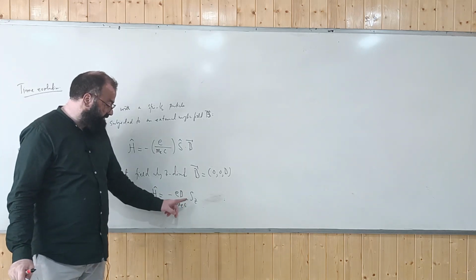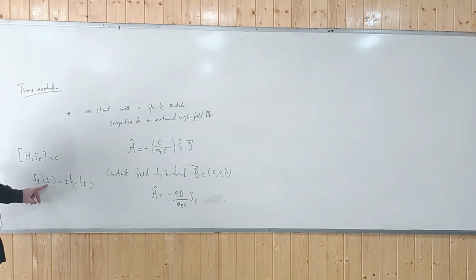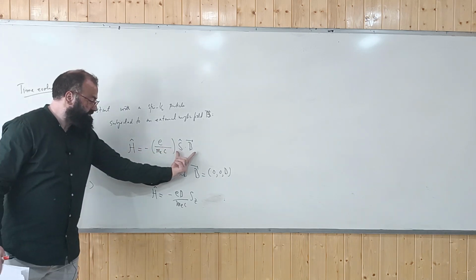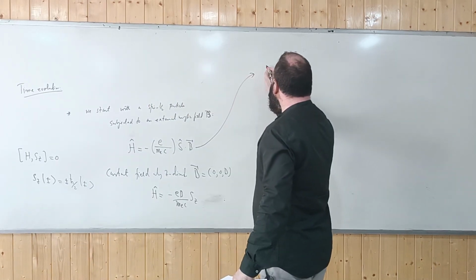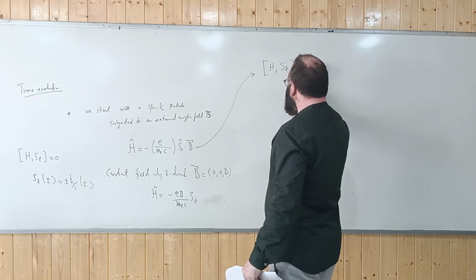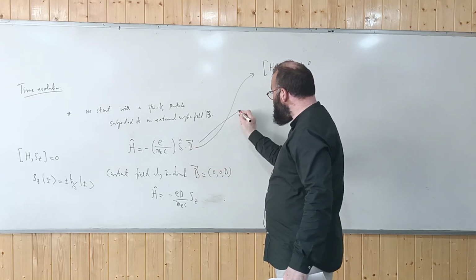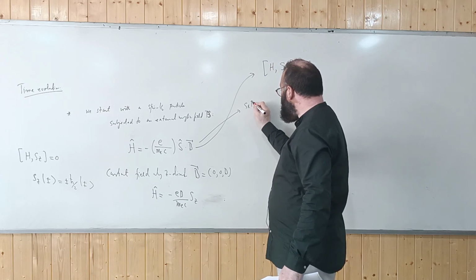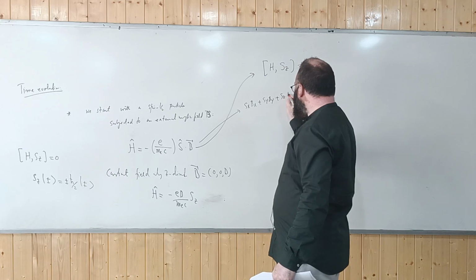If it had been, let's say, the vector S, then these would not be the eigenstates of H, and H would not commute with S_z. So let's take this kind of thing. If you take now H and S_z, this does not commute. This H, because it depends on what? In this case it is S_x B_x plus S_y B_y plus S_z B_z.